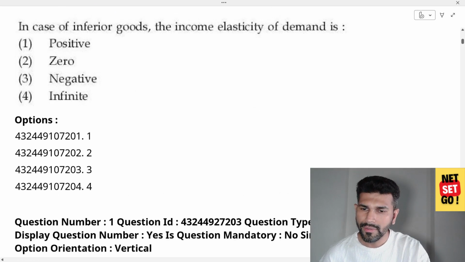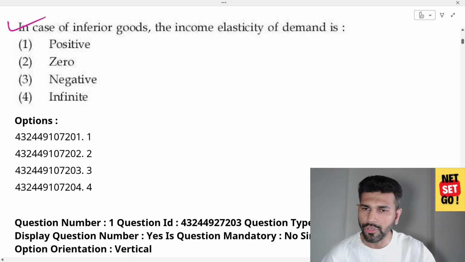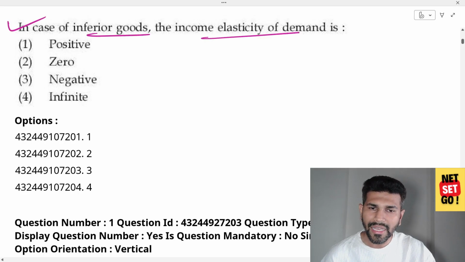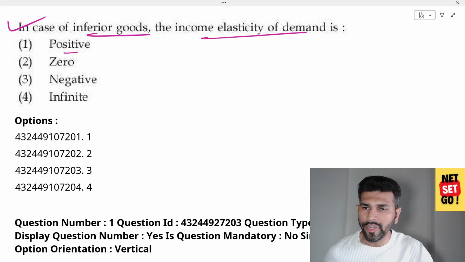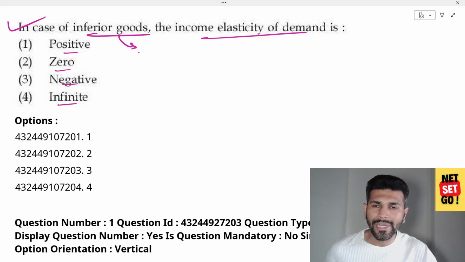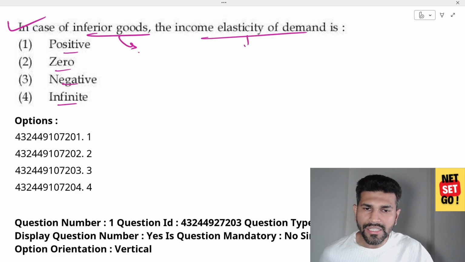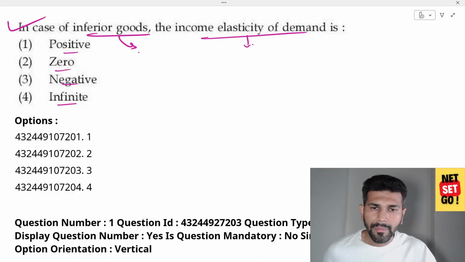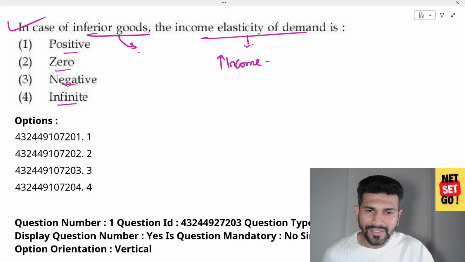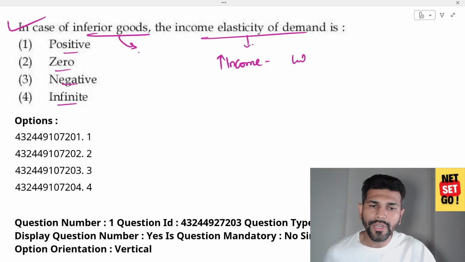Question number 1. In case of inferior goods, the income elasticity of demand is positive, zero, negative, or infinite. Inferior goods means poor quality goods, and income elasticity of demand means if income increases, the demand for inferior goods will reduce.